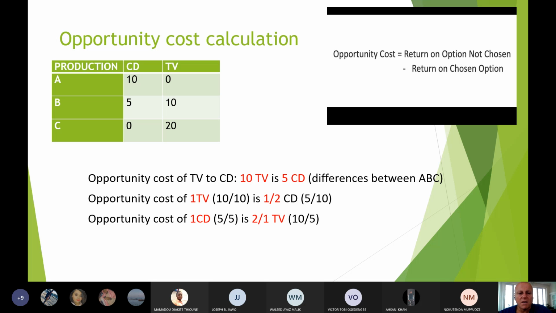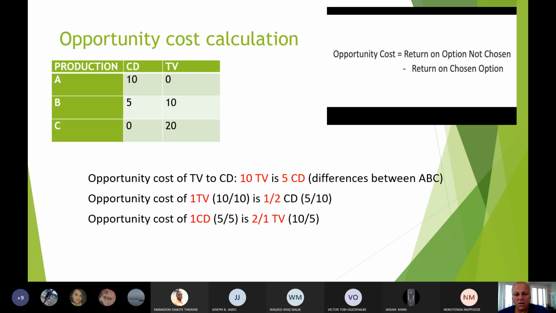Then you have 10 TV to 10, which is 1 to 1, and moving to B, as given here, is then 5 TV, so we reduce it to 5. Then the opportunity cost is the proportion of these two replacements or substitutions, 1 to 2, which is almost half of it.